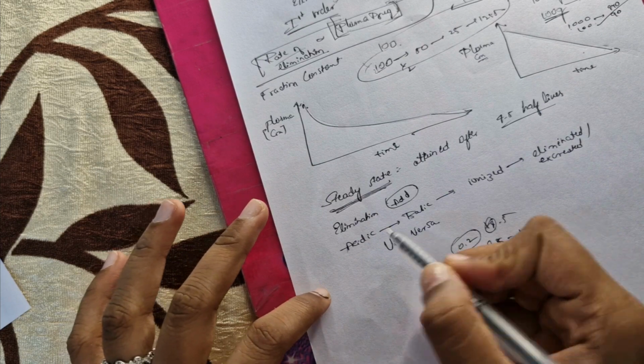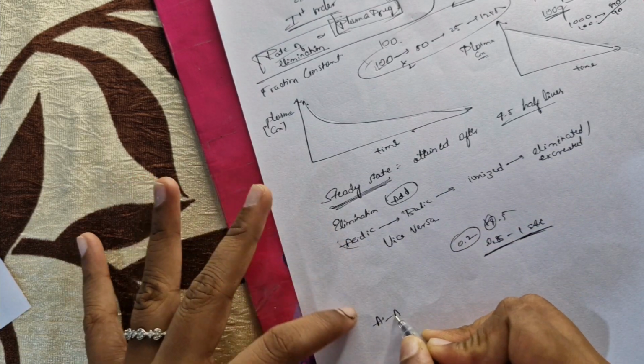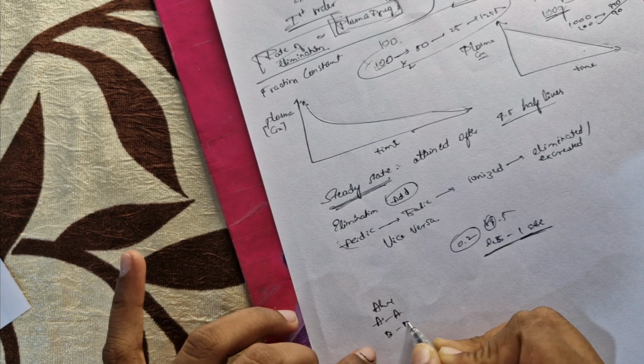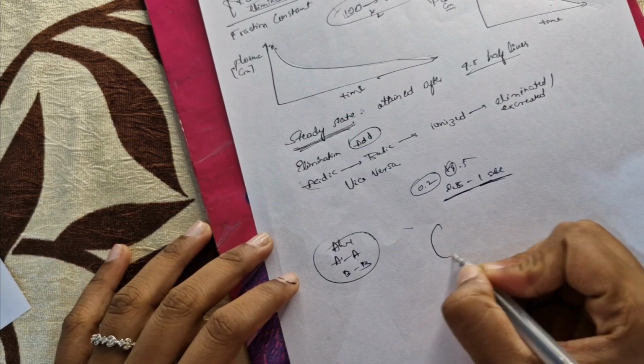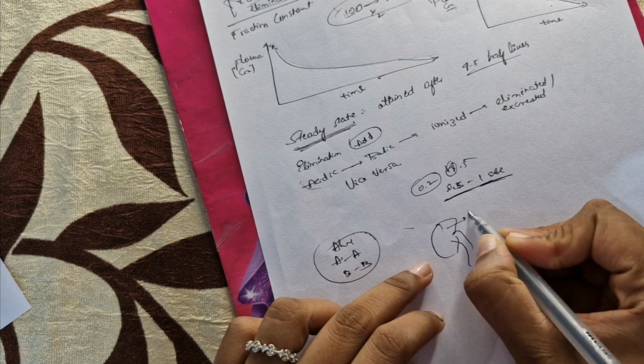For elimination, I already said, for absorption, for an acidic drug, an acidic medium is required. For a weak base, a basic medium is required. Whereas for elimination, consider the kidney, where the elimination takes place. In order to eliminate, the drug should be in ionized form.